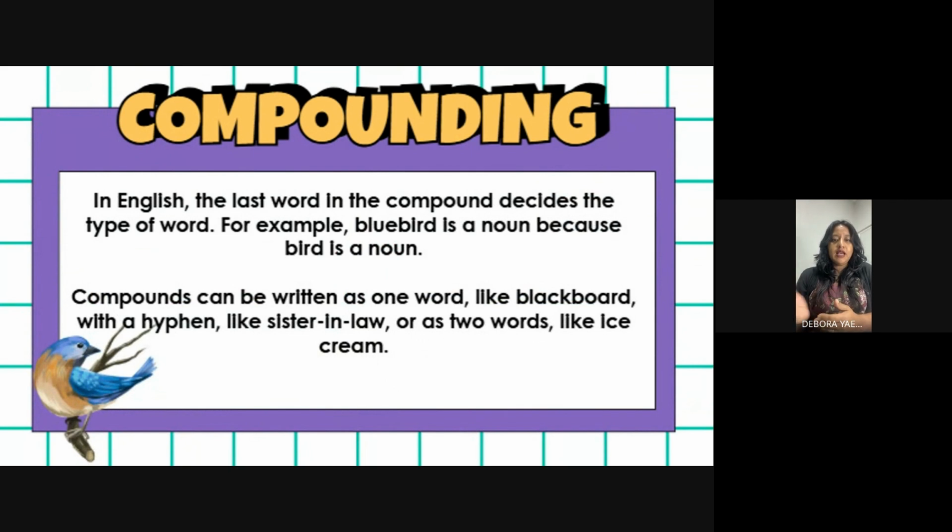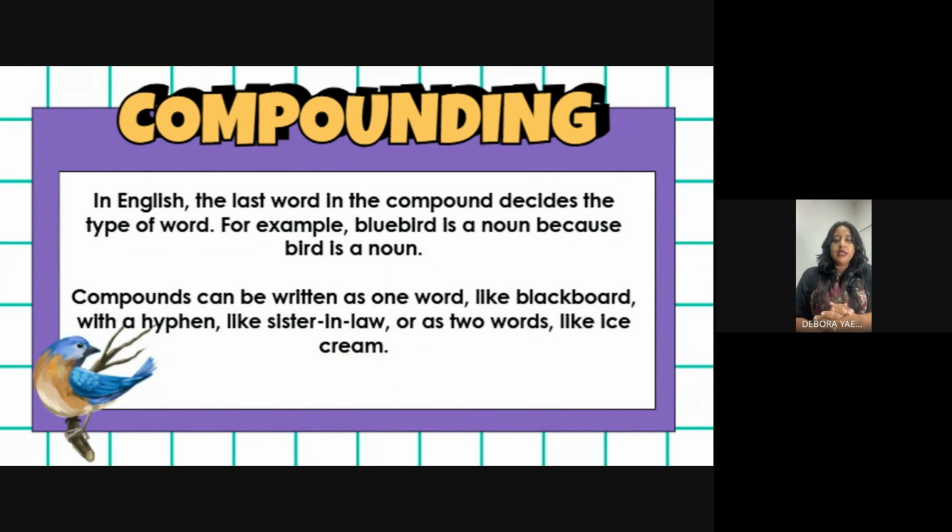In English, the last word in the compound decides the type of the word. For example, bluebird is a noun because the last word is bird. And another example, we can have spoon-feed, and the last word is feed, so the word is a verb.